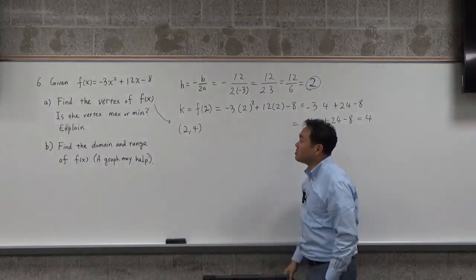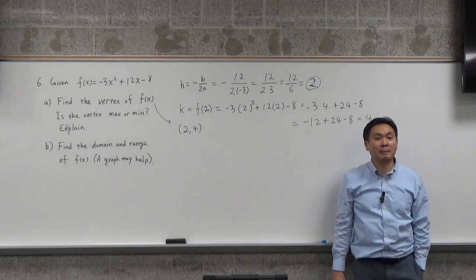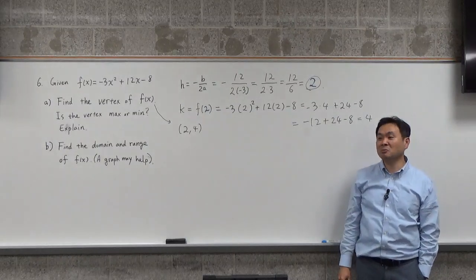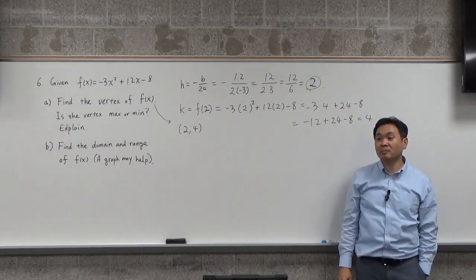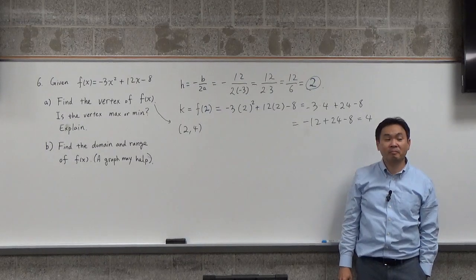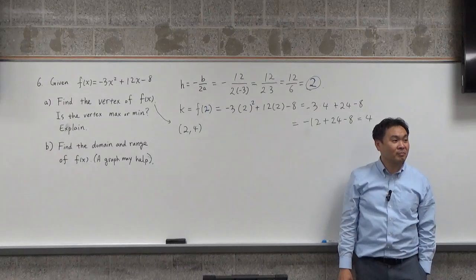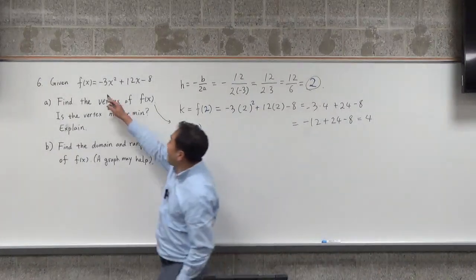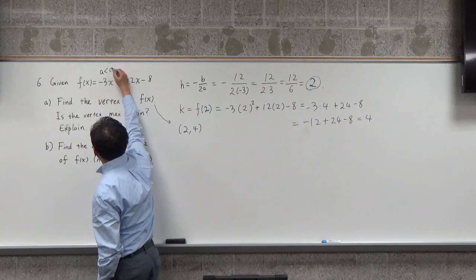Now the question is: is this vertex a max or a min? Maximum point or minimum point? Why is it maximum? Because the a value here is negative.